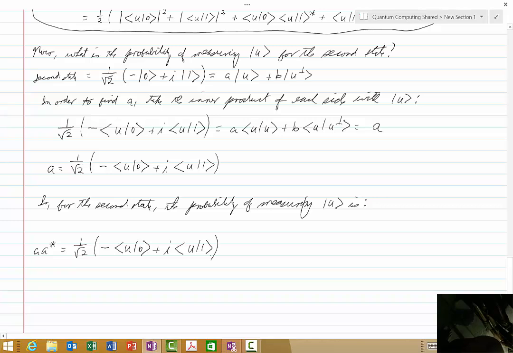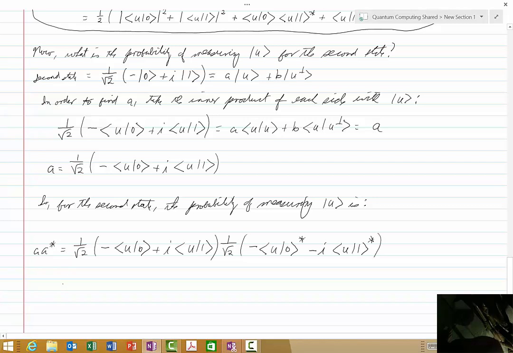And now we have to multiply that by its complex conjugate, which will be 1 over square root of 2 times minus the inner product of U with 0 conjugate. And then the I, when we conjugate this, will become minus I, times the complex conjugate of the inner product of U with 1.